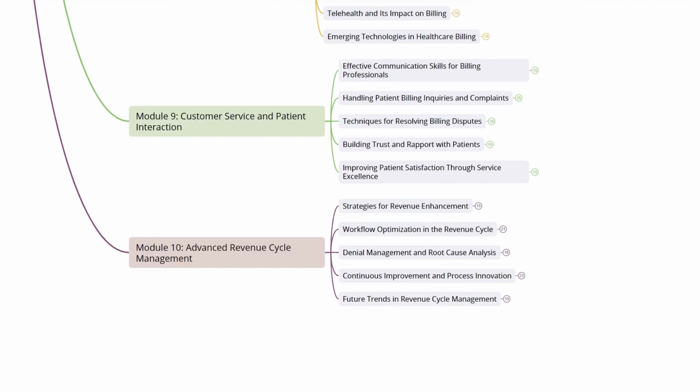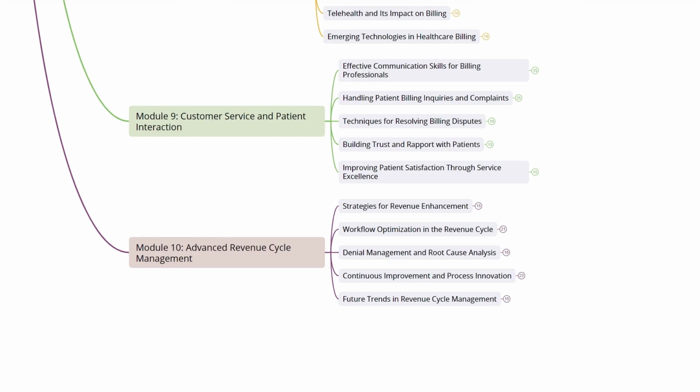In healthcare, effective communication with patients and adept management of revenue processes are vital for success. Building trust and providing excellent service fosters patient satisfaction, loyalty, and better cooperation, which directly impacts billing accuracy and collections.